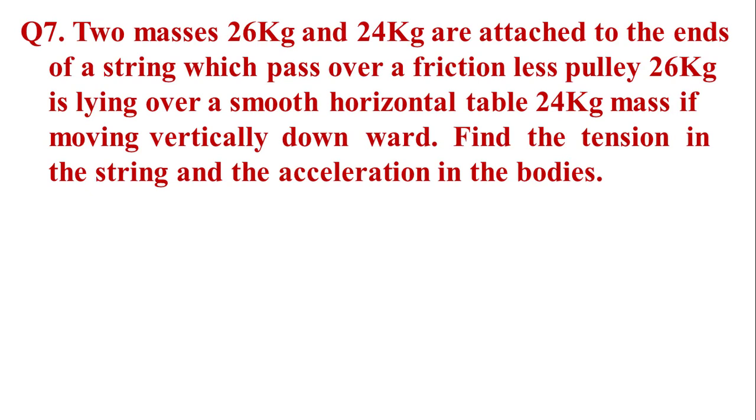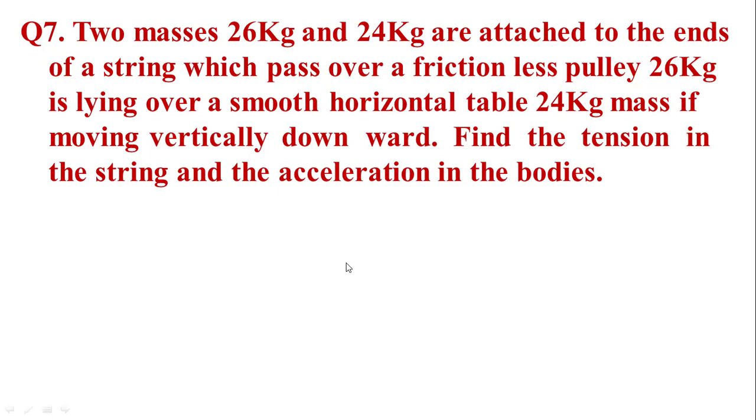In numerical number 7, two masses 26 kg and 24 kg are attached to the ends of a string that passes over a frictionless pulley. 26 kg is lying on a smooth horizontal surface of the table and 24 kg is moving vertically downward. Find the tension in the string and acceleration of the body.